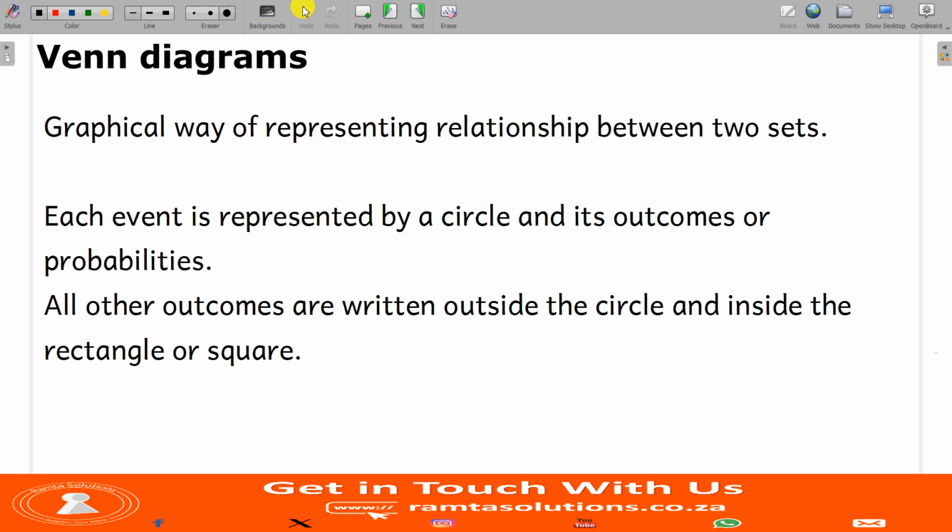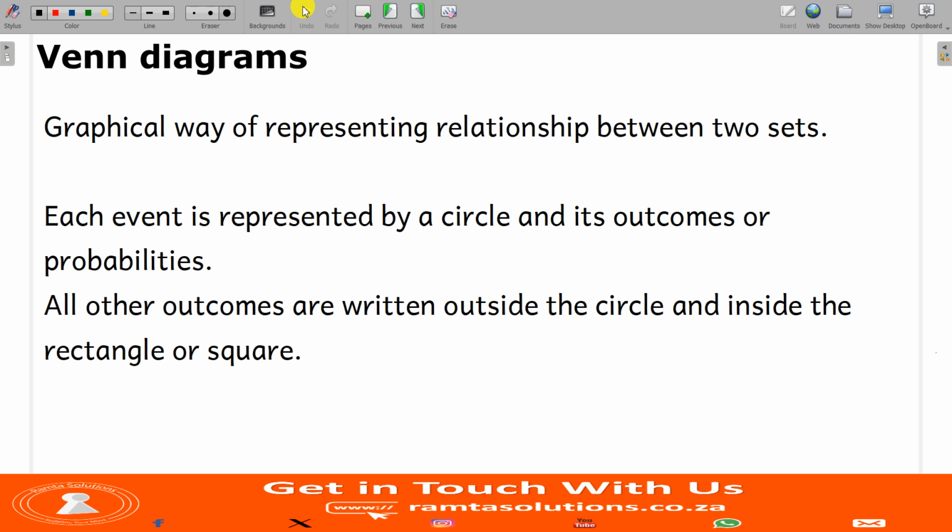Okay, so Venn diagrams are a graphical way of representing a relationship between two sets. It can be more sets. Now, when we talk Venn diagrams, since this is probability, each event is represented by a circle and its outcomes or probabilities.